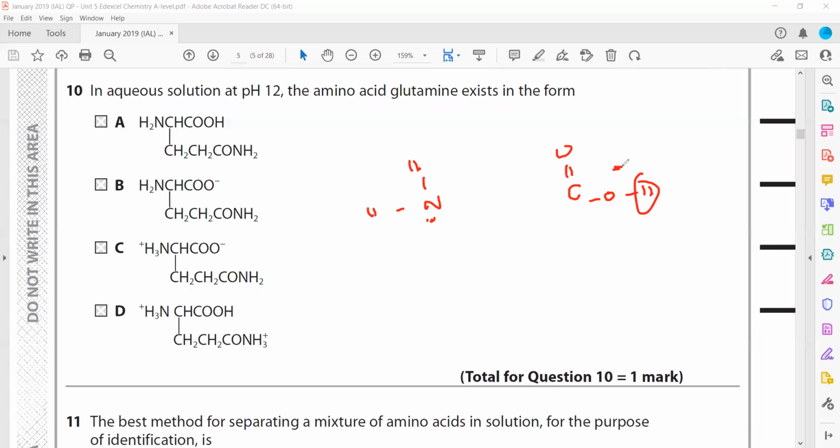It will get a negative charge, as the H plus is gone, and that H plus attaches here. So one side will be positive, one side negative. That's the main reason they have ionic bonds and exist as a solid at room temperature. So why is this wrong? Because the acid should lose a proton and the amine part should gain a proton.